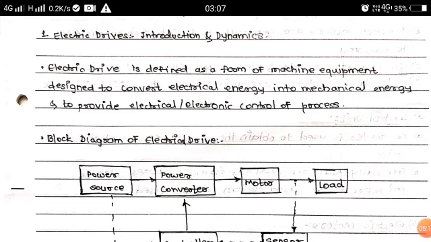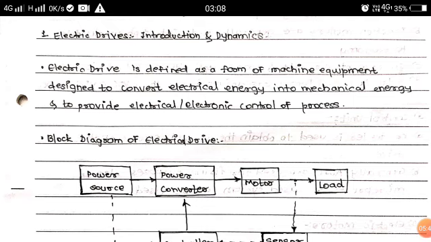Just instead of a human being, there are sensors to sense the output, then there are controllers to compare the output with some reference value and take the control decisions, and then the actuators which actually do the control action. And once the output is reached, the loop becomes inactive, just like in this case the human being comes away from the control loop.